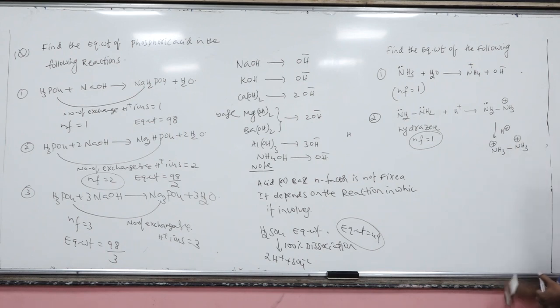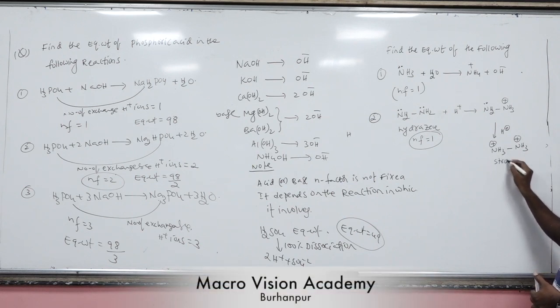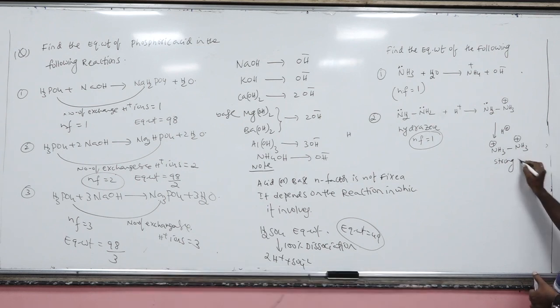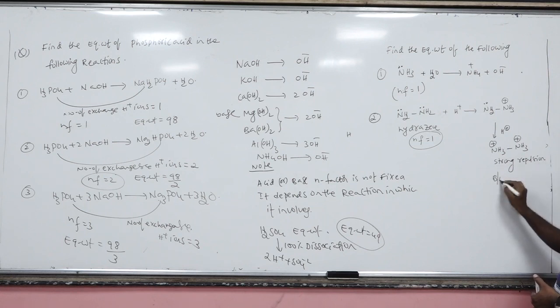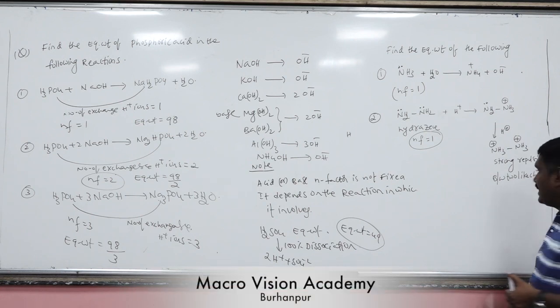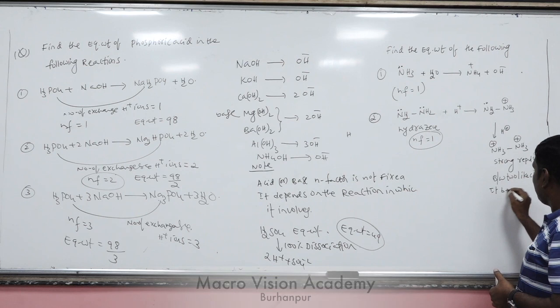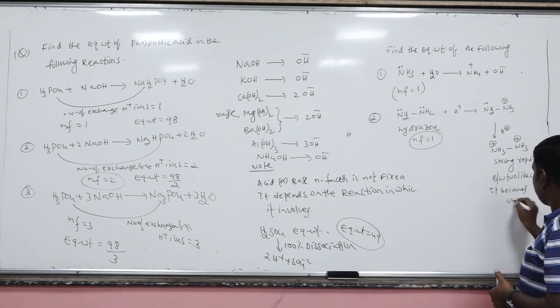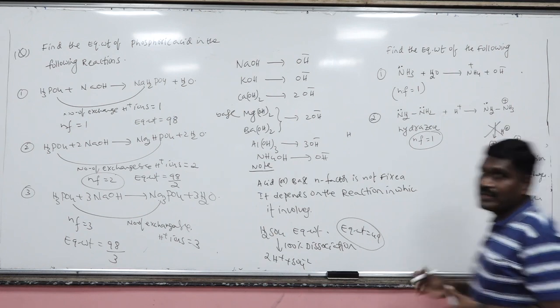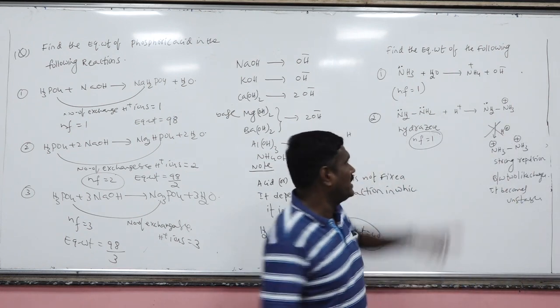You see, like charges are very close to each other. So due to strong repulsion between two like charges, it becomes unstable. That's why we should not go for a second addition of H plus, only the first addition of H plus.